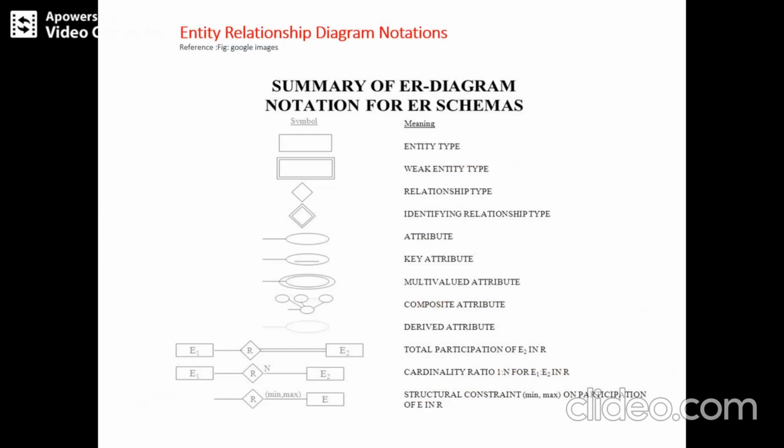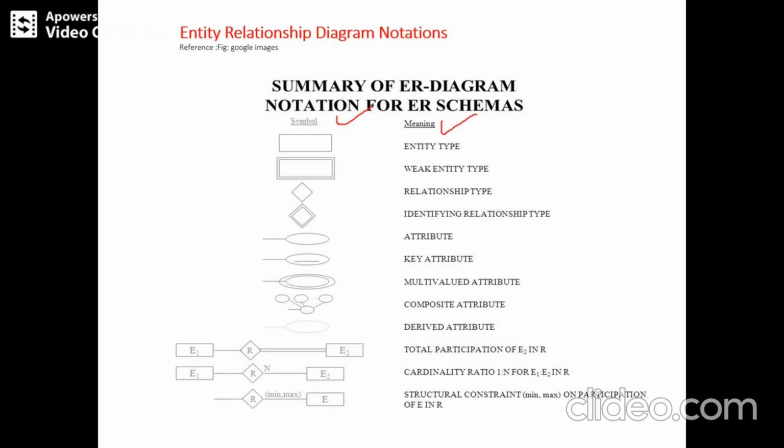Before learning the different types of attributes, we should know the entity relationship diagram notations. To draw the entity relationship diagram, we use the following notations. These are the symbols and their meanings. The first notation is the rectangle box, which represents an entity type in an ER schema diagram.